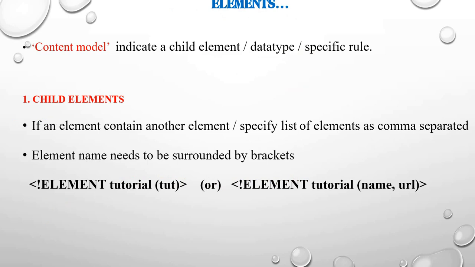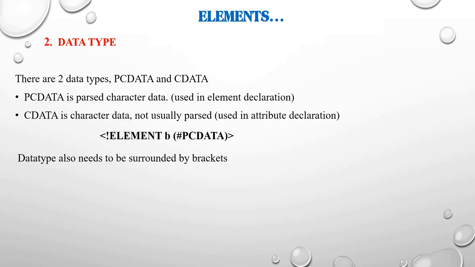Content model indicates a child element or data type or a specific rule. Child element: if an element contains any other element, specify the list of elements as comma separated. Element name needs to be surrounded by brackets. Here is the syntax of including an element inside a DTD. Second, data type. There are 2 data types, PCDATA and CDATA. PCDATA is parsed character data, whereas CDATA is character data.